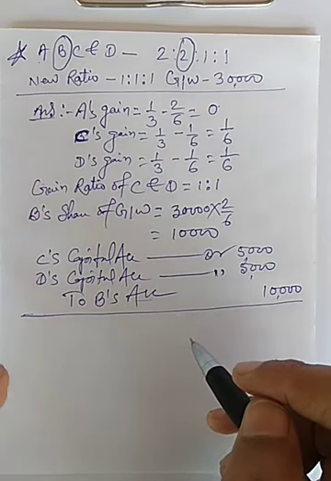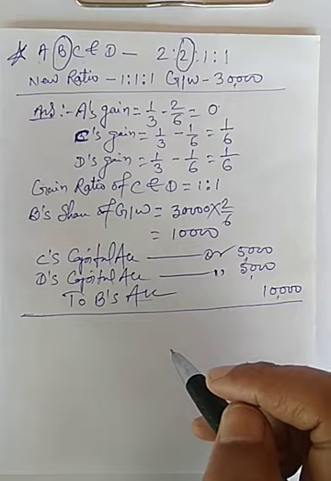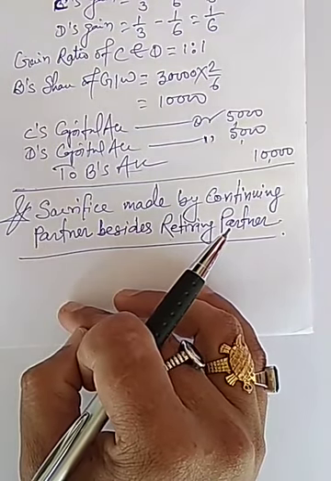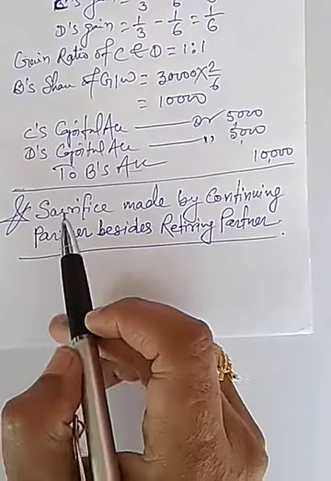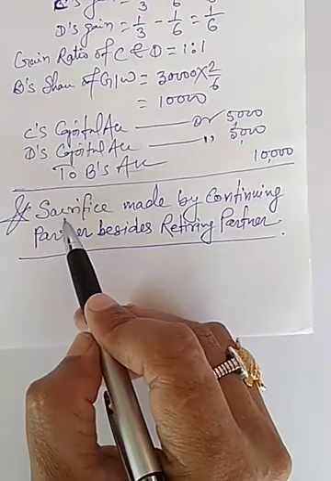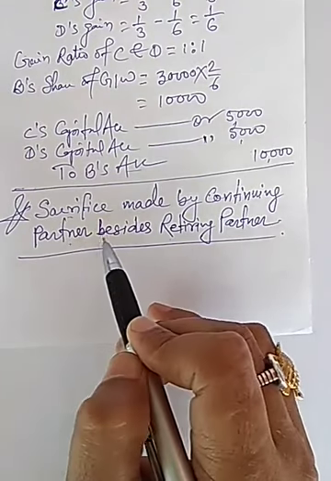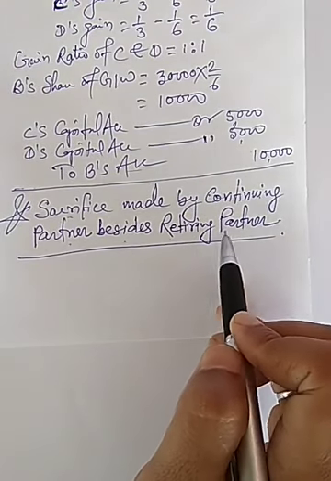Now see some specific journal entry, that is, sacrifice made by a continuing partner besides the retiring partner.